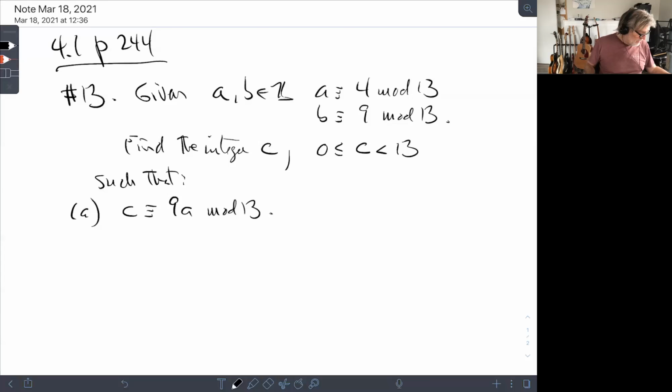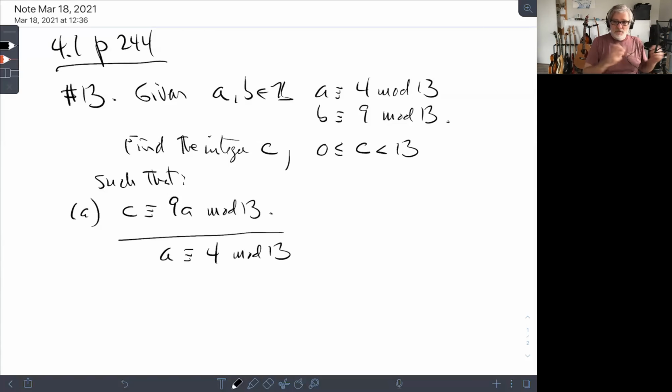Okay. So basically, I want to multiply A by 9. So here we go. So A, we don't know what A is, but it is irrelevant. Whatever A is, it's not going to make any difference. So watch this. A is congruent to 4 mod 13.